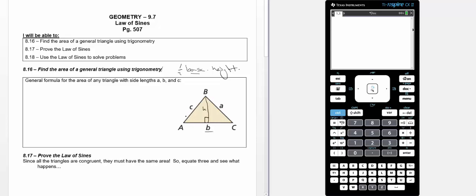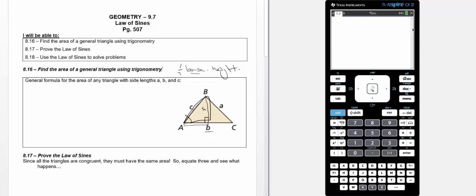From angle A's perspective, I have the height of this right triangle. I don't know the full length of this part of the side, so I don't really want to deal with that. But I do know that the side we're calling little c is the hypotenuse of this smaller right triangle.